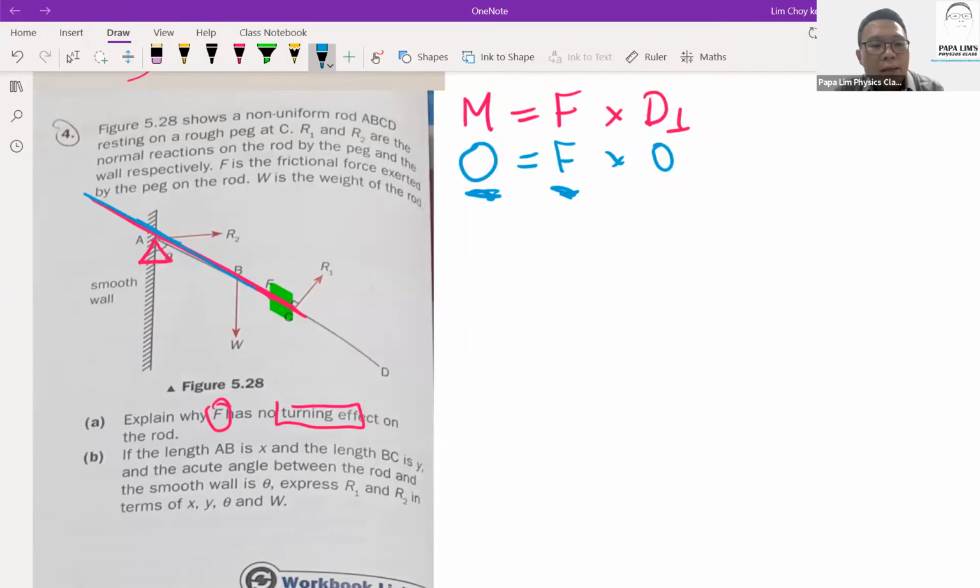So for part A, once you know how to look at moment questions, when you write the explanation for why there's no moment, you automatically include the keywords that we need for the answer.